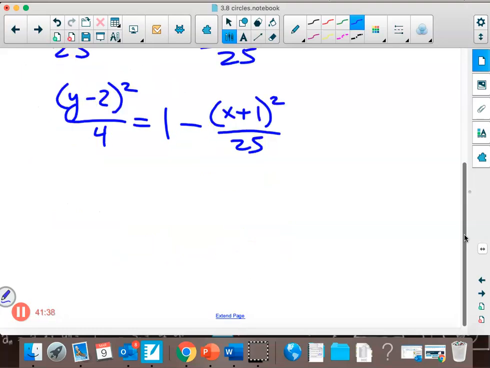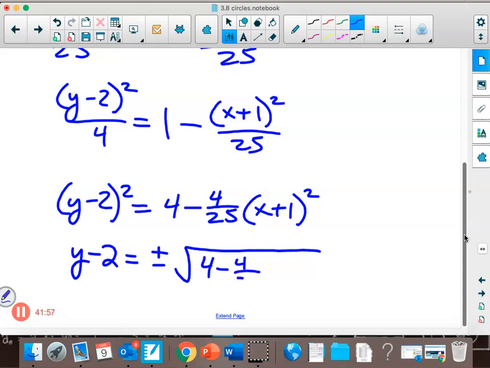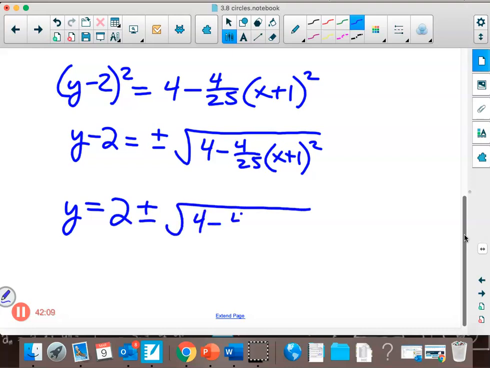Then if we multiply both sides by 4, we get y minus 2 squared equals 4 minus 4 25ths times x plus 1 squared. Square root both sides, put a plus or minus. And then the final thing you have to do is add 2. So you end up with 2 plus or minus the square root of 4 minus 4 25ths times x plus 1 squared.